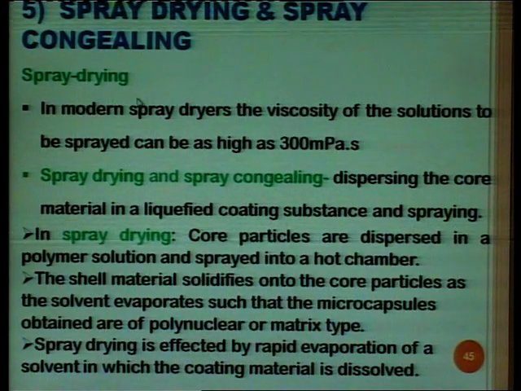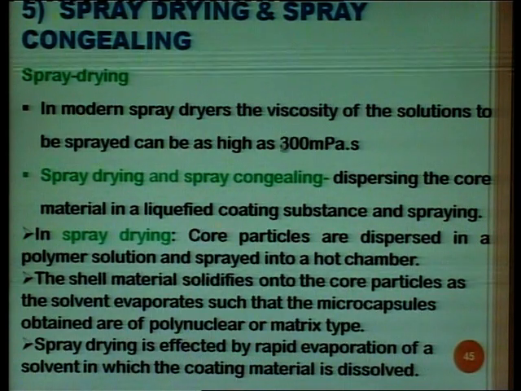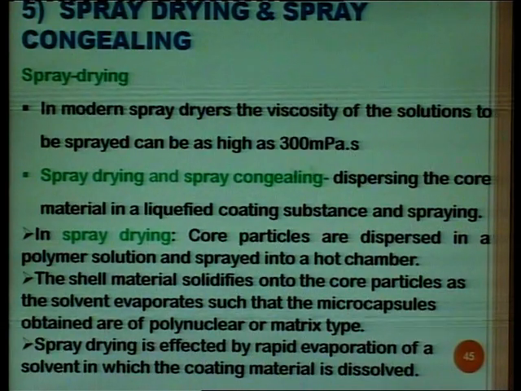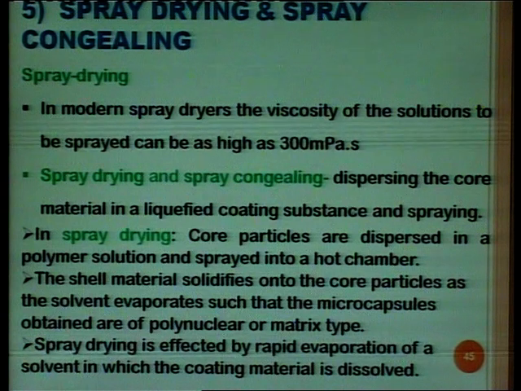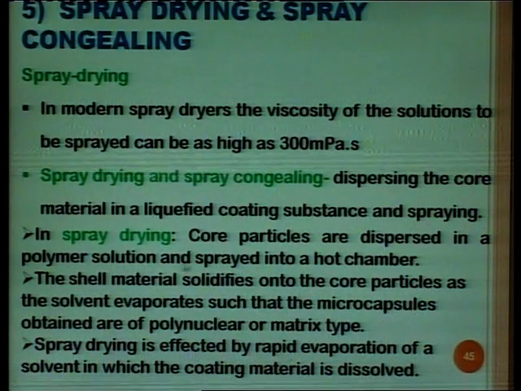In modern spray dryers, the viscosity of solutions to be sprayed can be as high as 300 millipascals second. In this technique the core material is dispersed in a liquefied coating substance. In spray drying, core materials are dispersed in a polymer solution and then sprayed into a hot chamber.